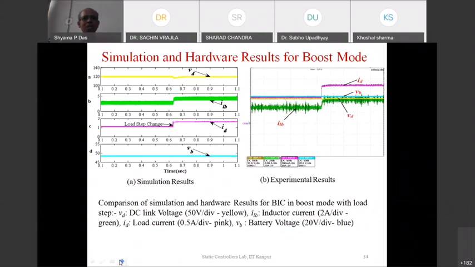And then we give a step change in the current, so it is discharging. Here also the actual current follows this, which is ID, the load current. So these two follow each other, and the battery voltage is constant, close to 50 volt.